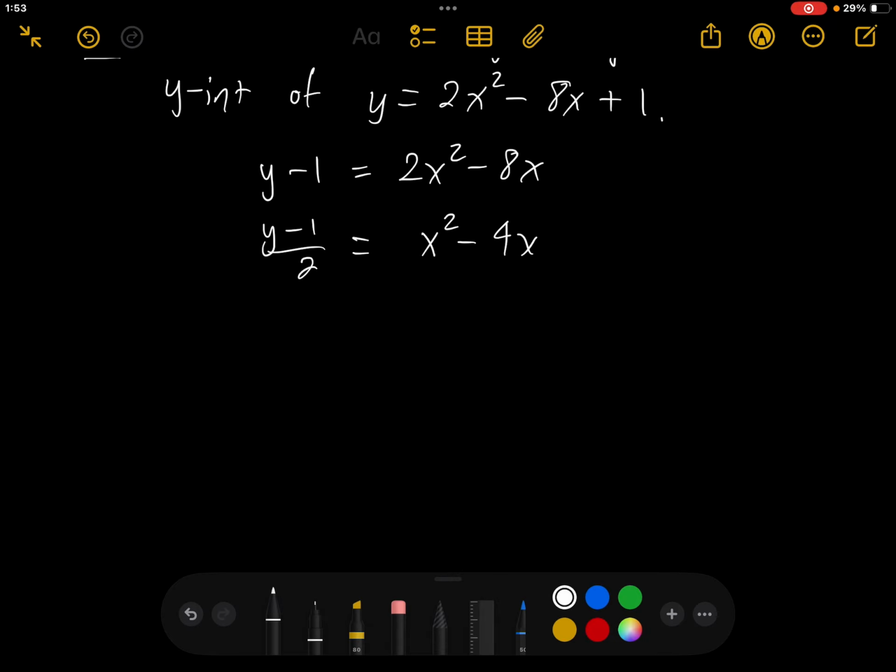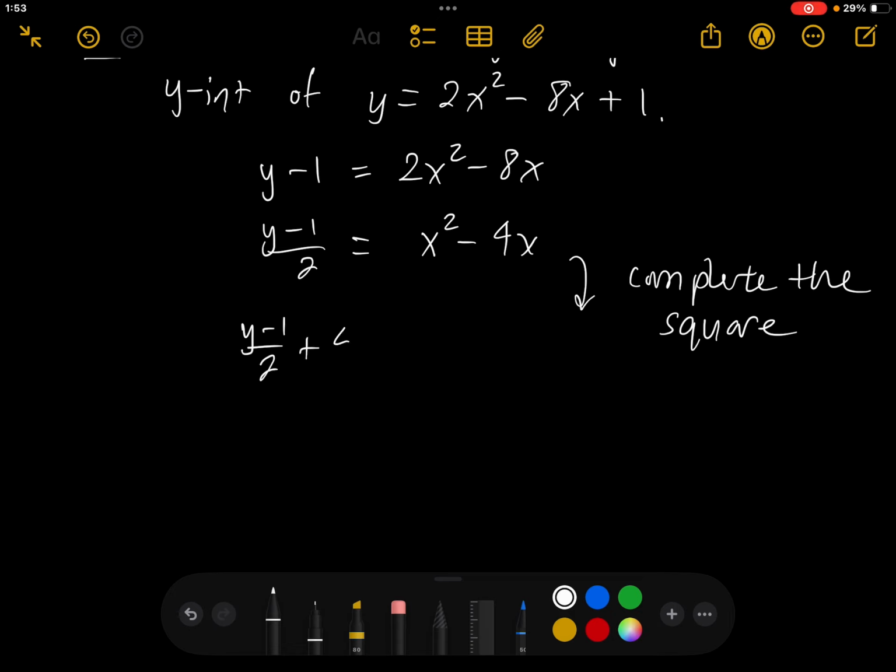Okay, so now we're ready to do the complete the square part. So what do we do to both sides? We add 4. Because you take negative 4, divide by 2, it's negative 2, and then you square negative 2, you get 4.